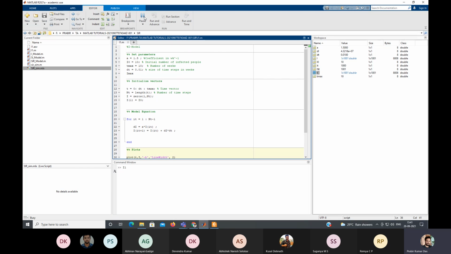If we run our code, just put any one arbitrary value. So here we use scientific notation. It means 5 into 10 to the power 4.